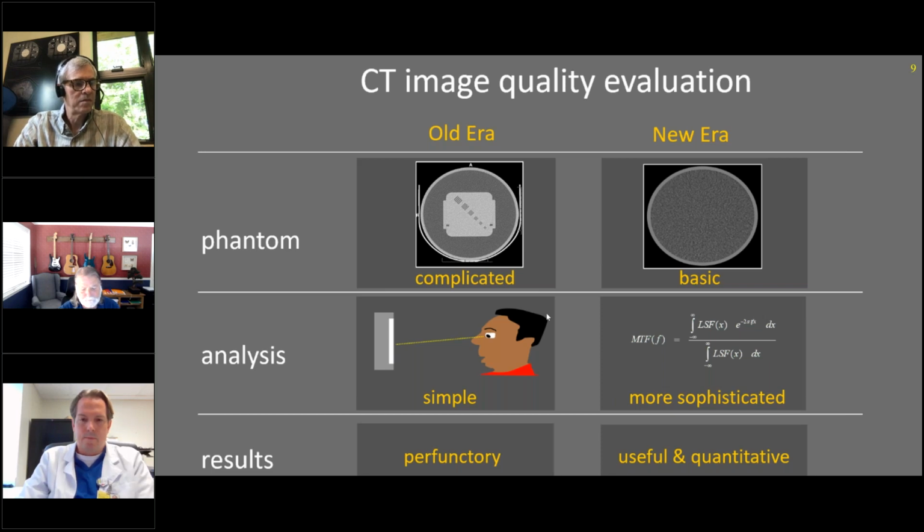I will say, Elliot, that a lot of the states are now deferring to accreditation, and the American College of Radiology phantom that I showed is part of their accreditation program.